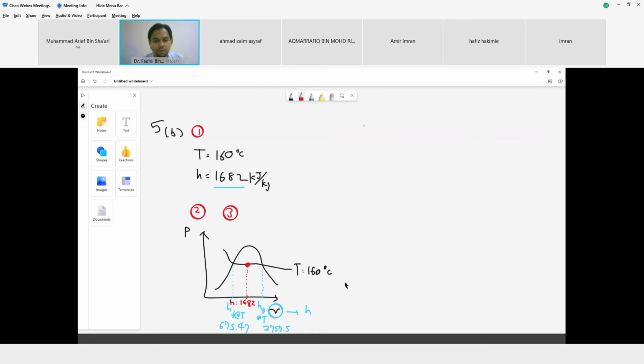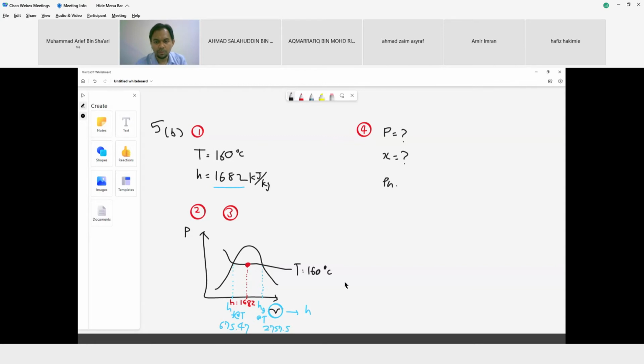Okay, step number 4, solve the problem. In step 3, we transferred all the information given into our diagram. Now step number 4, solve the problem. So we have to find pressure, then what else? Quality. And last one is phase.